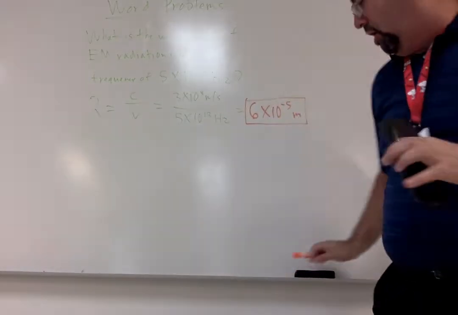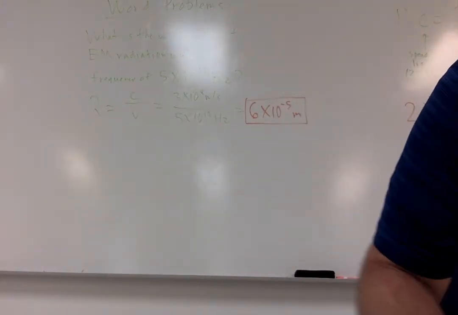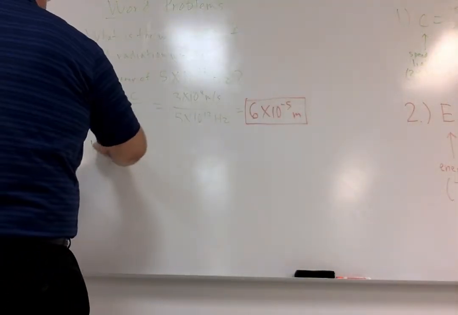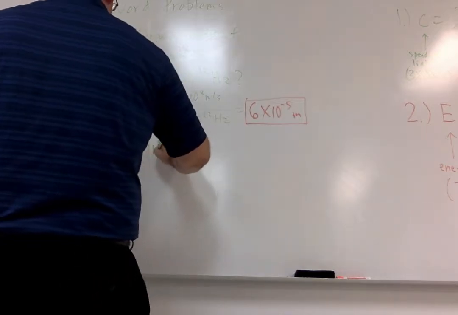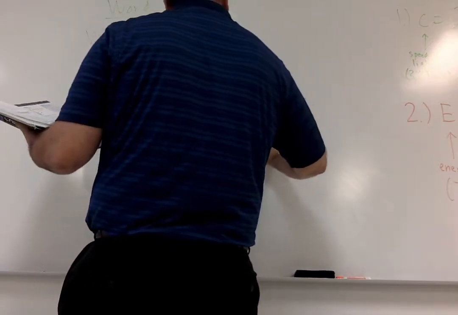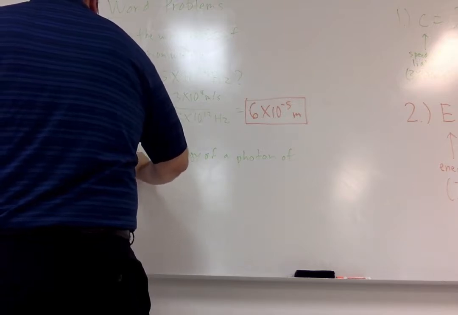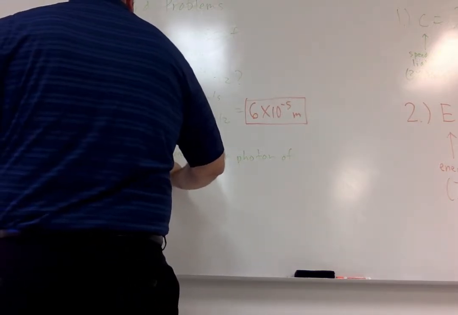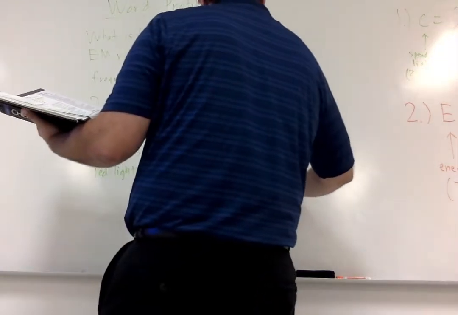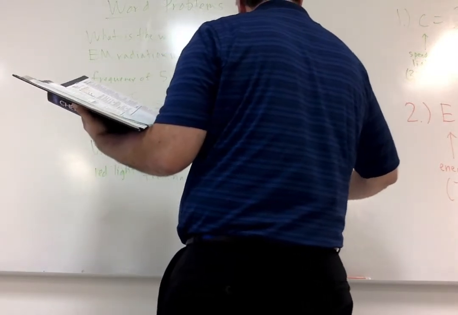Let's look at another type of problem. I'll go ahead and put that one up on the board as well. In this problem, we're going to answer: what is the energy of a photon of red light that has a frequency of 4.5 times 10 to the 14 hertz?